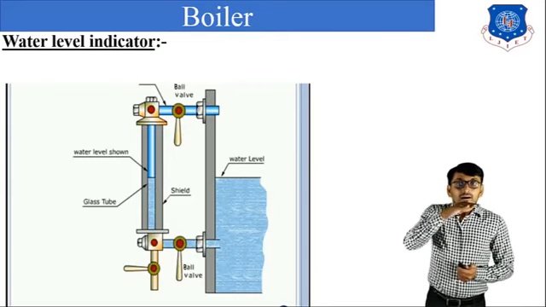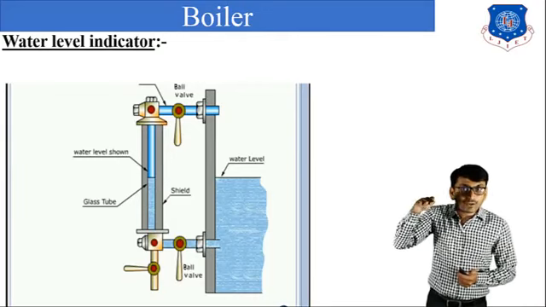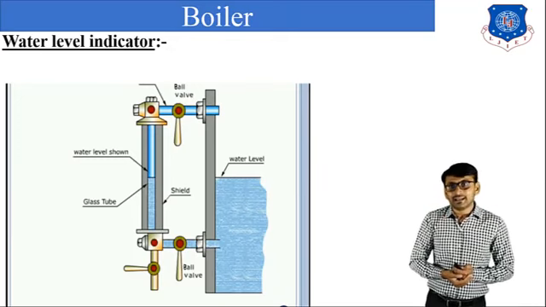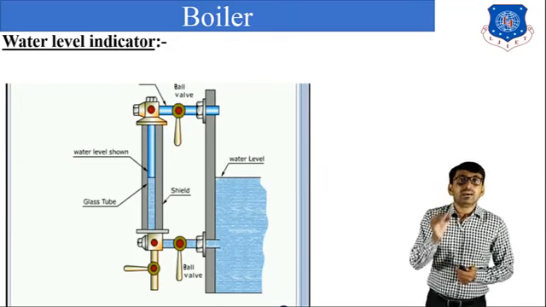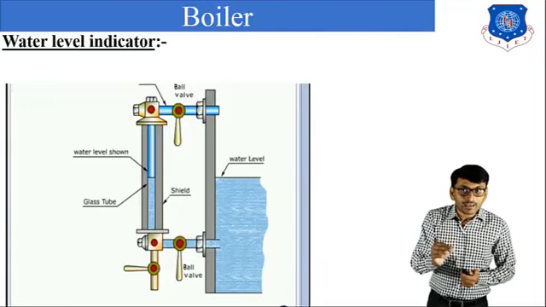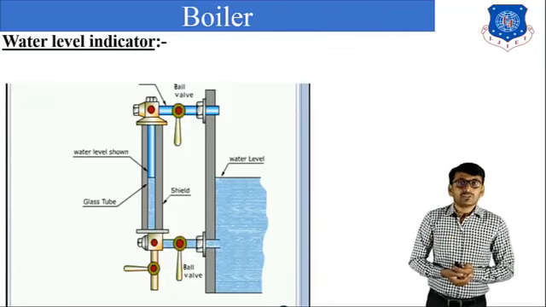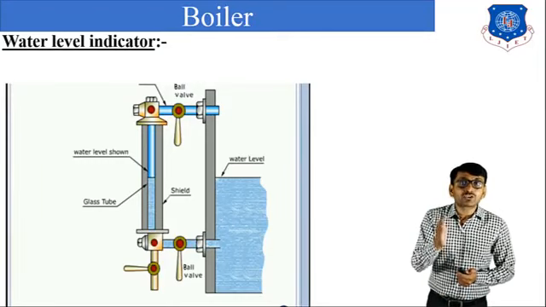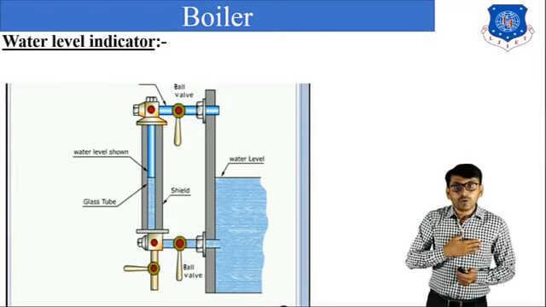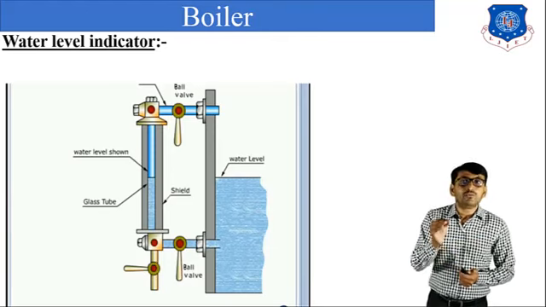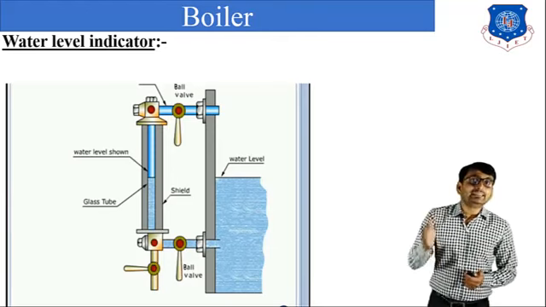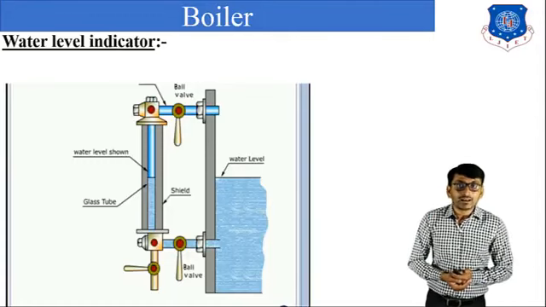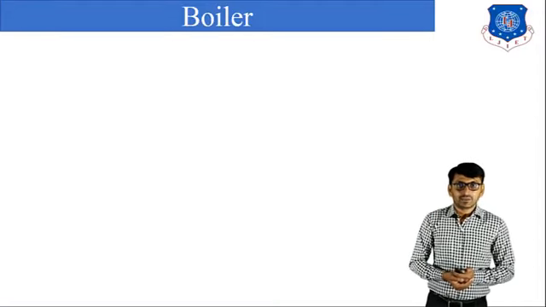So the level of water in the glass tube, we have to take this reading, and this is called the level of water inside the boiler. So by measuring the reading of water in the glass tube, we know how much water is present inside the boiler. So this is about the water level indicator.